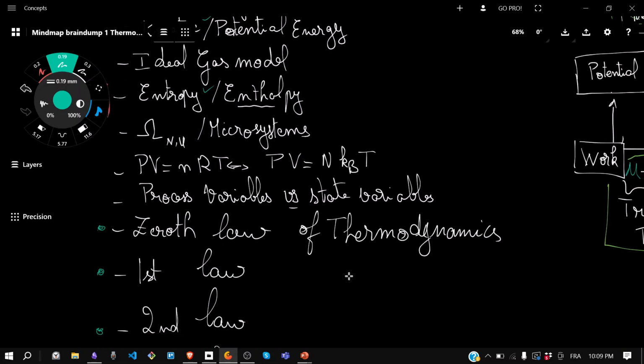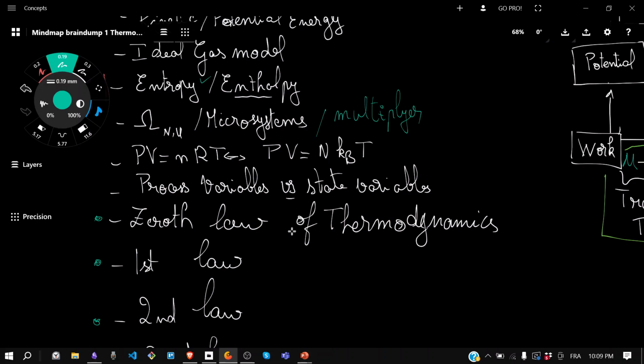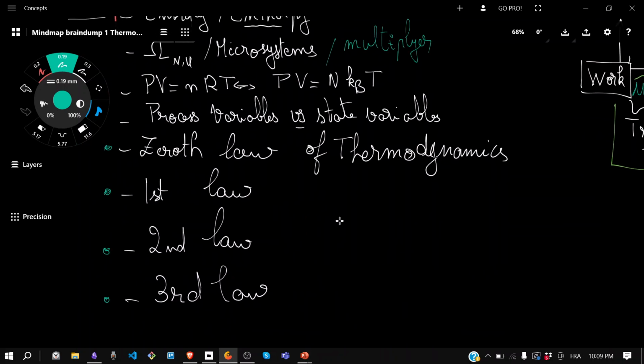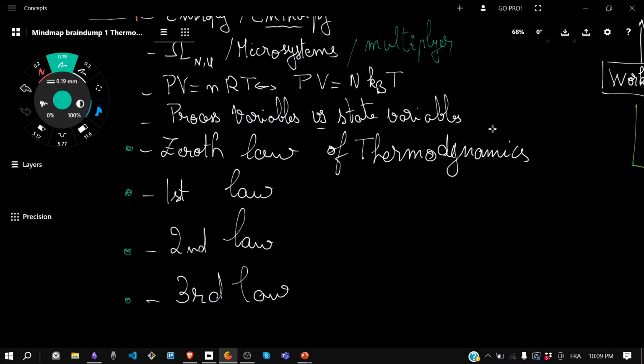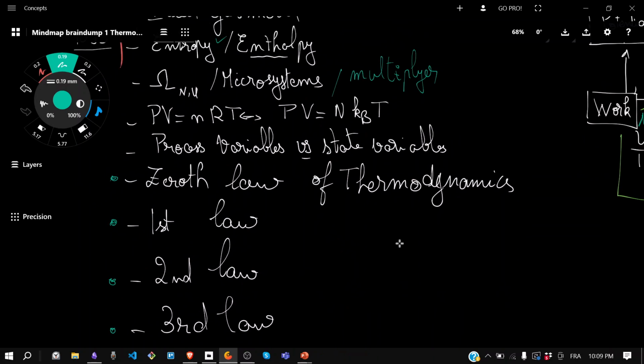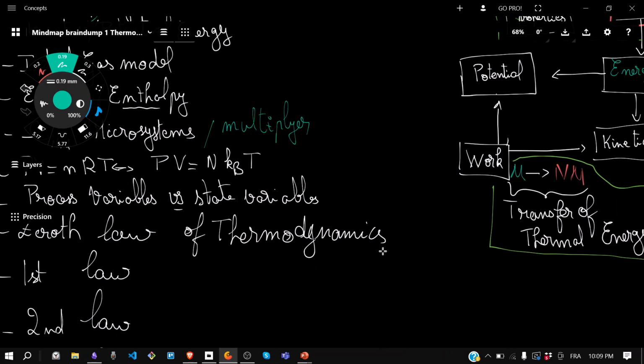The omega and u, which is the number of permutations of energy states within a microsystem. We should also talk here about the multiplier. We did not look at the equations yet, process variables and state variables. I didn't mention what they are.